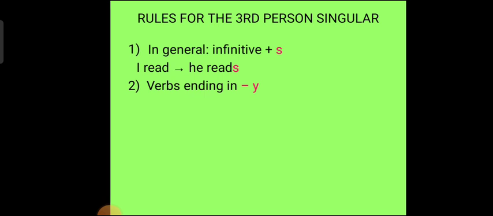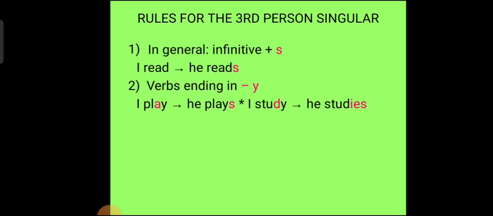Verbs ending in y. What will I do when I find a verb ending with y? Before y, sometimes you can find a vowel, like the verb I play. I only add s. He plays.